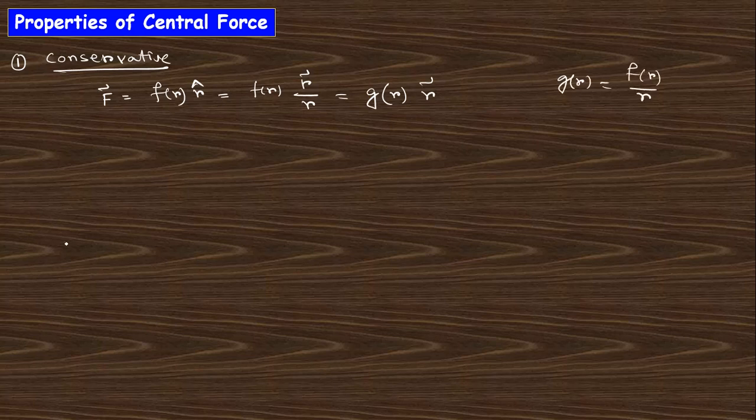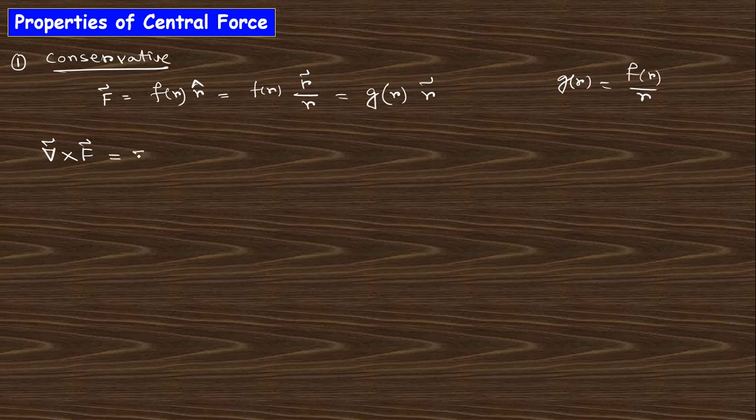This is conservative because the central force is nothing but a function of r times r cap. So this can be written as f of r by r times the r vector, and f of r by r can be written as g of r. Now if we take the curl of this vector, we know a force is conservative if the curl of F is 0.